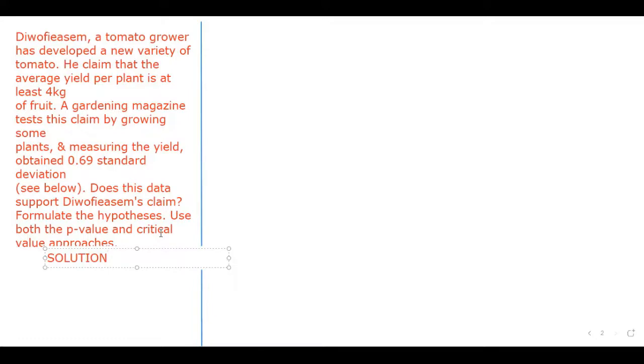Okay, so let's list our parameters. Population mu is 4. The sample mean, that's the x bar, is 3.84.